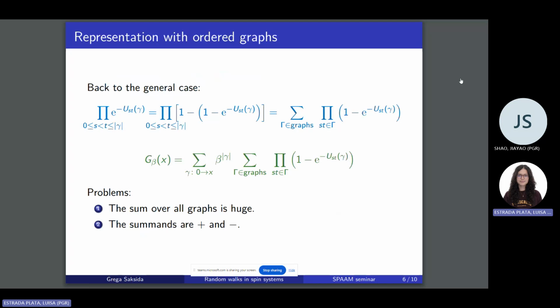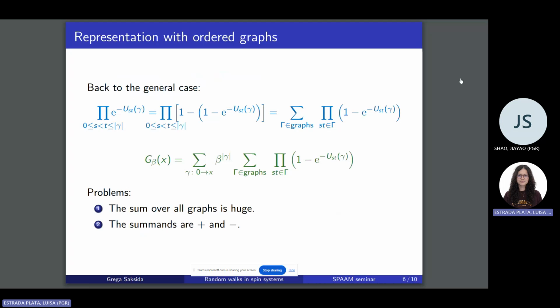It blows up even more than exponentially, because the exponent itself is increasing. Also, these terms can be both positive and negative, and it turns out that this sum is not absolutely convergent. So if you want to bound it with absolute values, you can't just take the absolute values inside and hope to get something out of it.